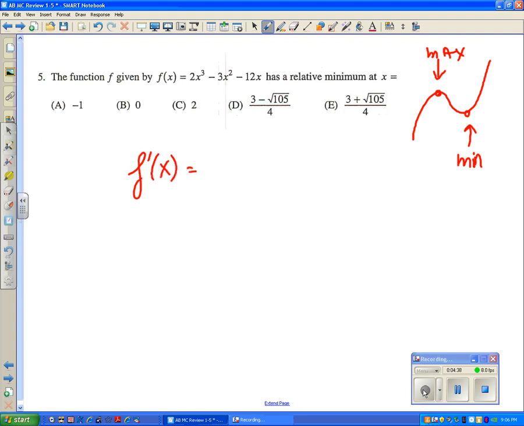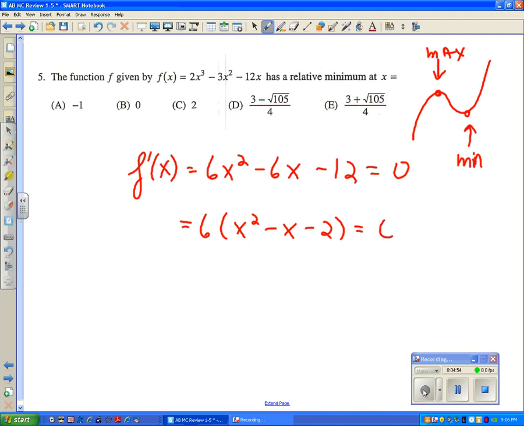I hope you were finding the derivative here, 6x squared minus 6x minus 12. We want to know when and where that equals 0. If we pull out a 6, we have left behind x squared minus x minus 2. And if we factor the quantity in the parentheses, we have x minus 2 times x plus 1.